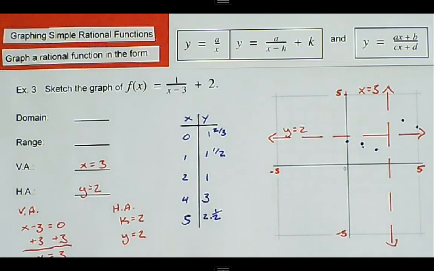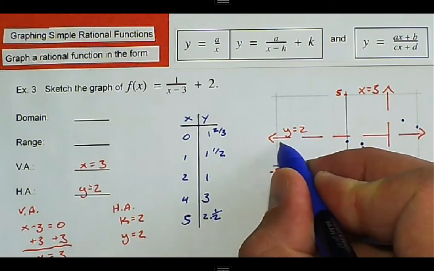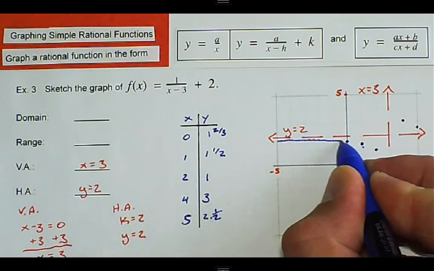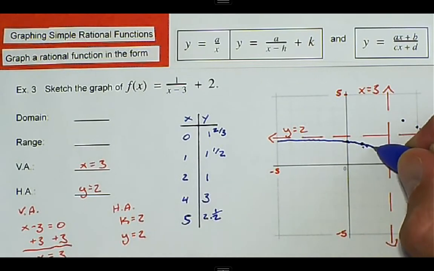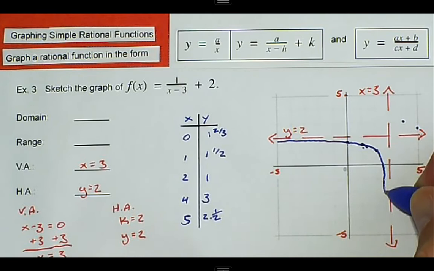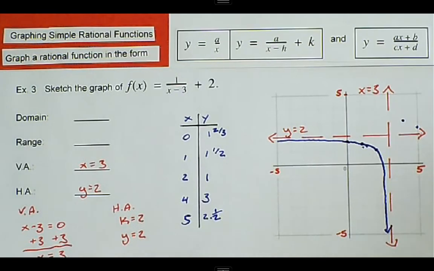So when we go to plot this, we know that the graph is going to get close to our asymptote without touching. And so we can draw close up here and then go through the points. And then it's going to decrease and get close without touching. Same thing over here.